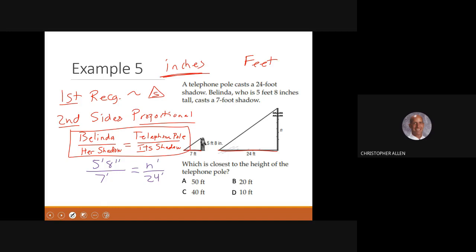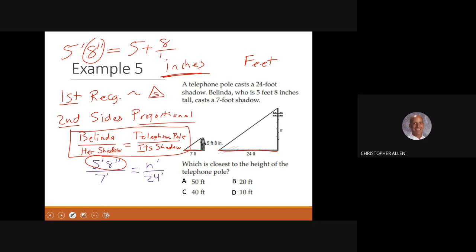So what you need to do, in fact, I would just encourage you to think about how you would do that. How would you convert this into just feet? Well, to deal with this 8 here, it becomes 5 plus 8 over, does anybody want to take a guess on what number I'm going to put below the 8?